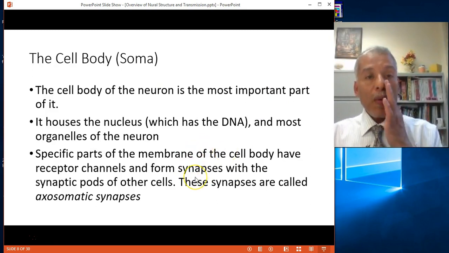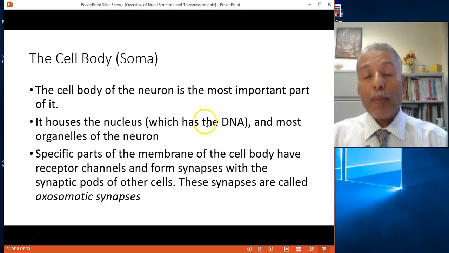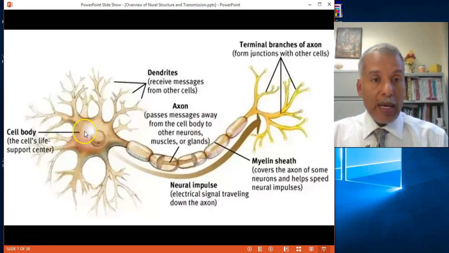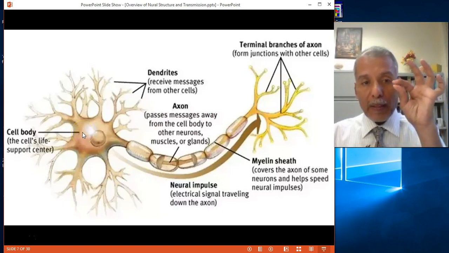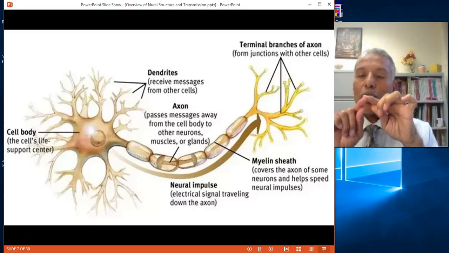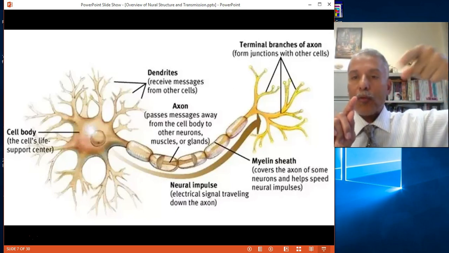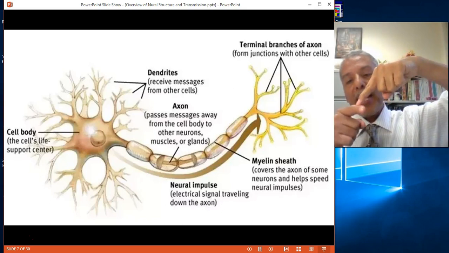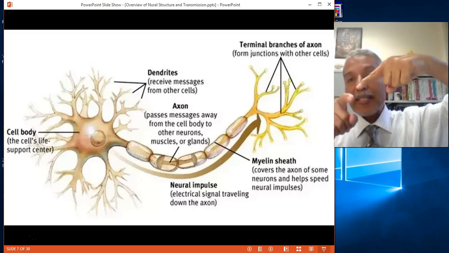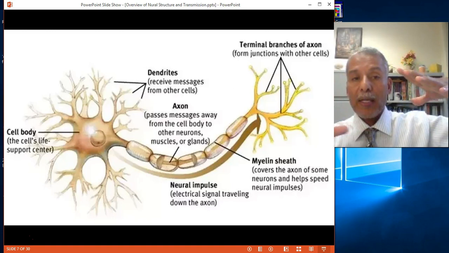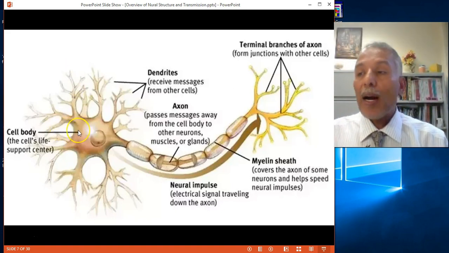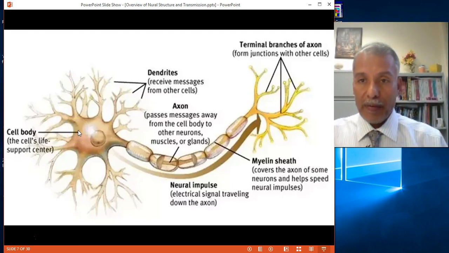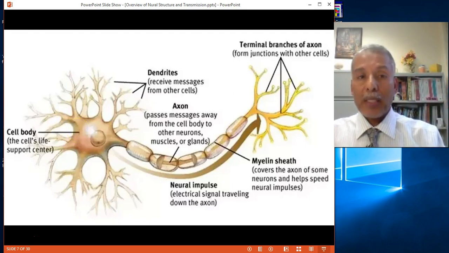So now, the cell body, in addition, as I explained, has particular sites where you have synaptic terminals from another neuron coming and making a synapse with the cell body itself, not the dendrites. I told you that only the cell body and the dendrites are the sites for making synapses, for receiving information from other neurons.